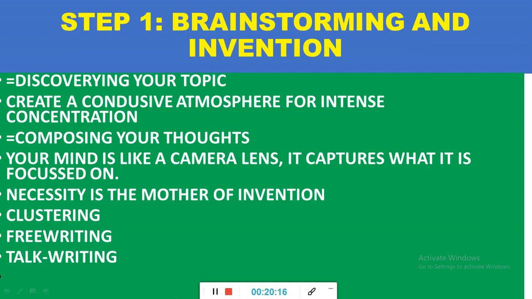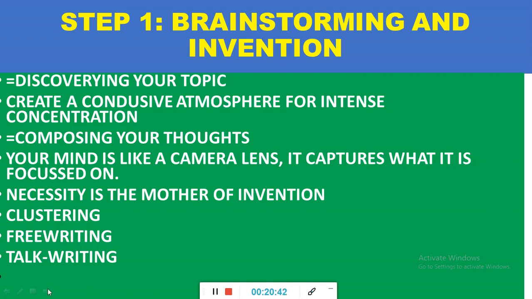At this stage, you can discover them. Different questions, different responses, different ideas that are related to what you want to really put down. At this stage, you put them on paper or you put them on tape. And this is step one: brainstorming and invention.